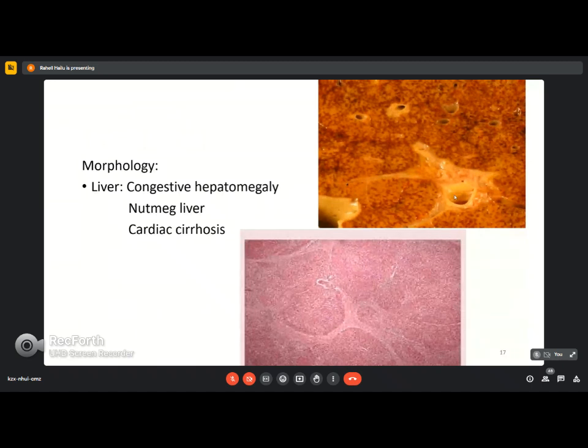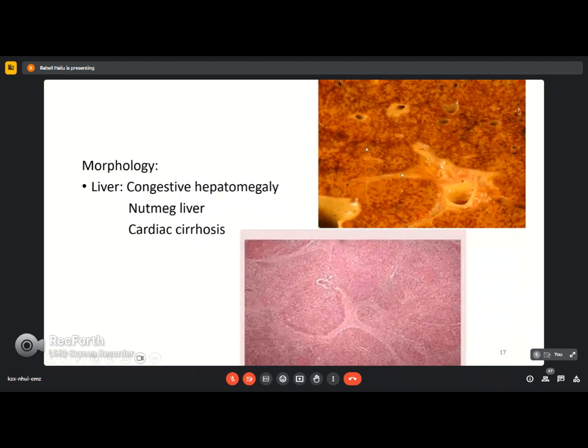As you know, the hepatic vein is a direct branch from the inferior vena cava. So if there is a high congestion overload within the venous circulation, you would also appreciate it within the liver parenchyma as well. So you would see a lot of congestion within the liver sinusoids as well. So the appearance is called a nutmeg liver.